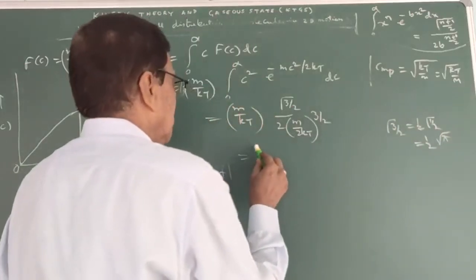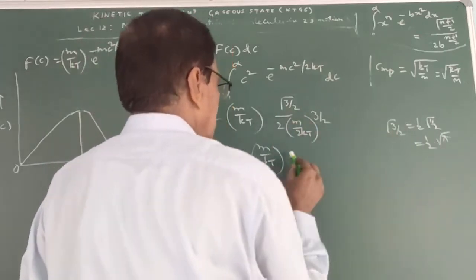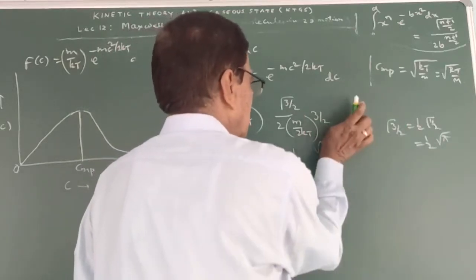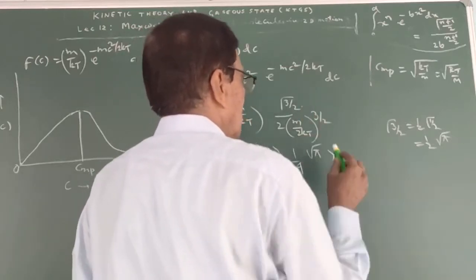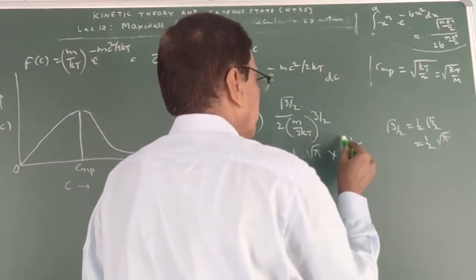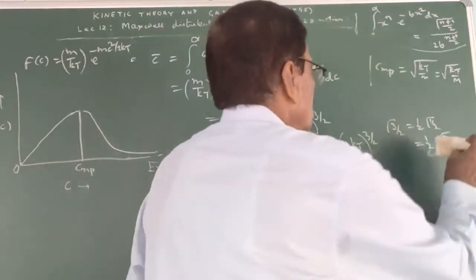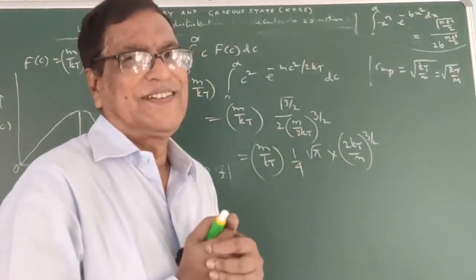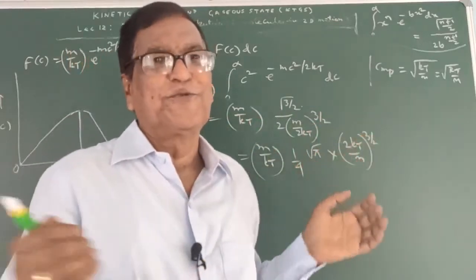So this is again equal to m by kT, and here half and half, 1 by 4, and here root over pi, and this is taken upper numerator, so twice kT by m to the power 3/2. To simplify this one, it is better to take all the terms under the umbrella of square root.